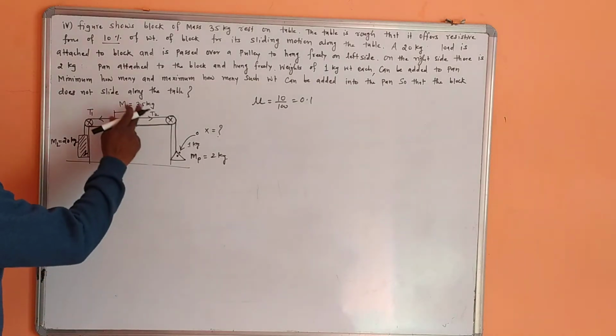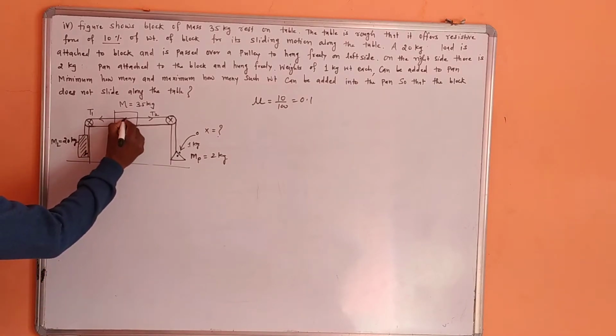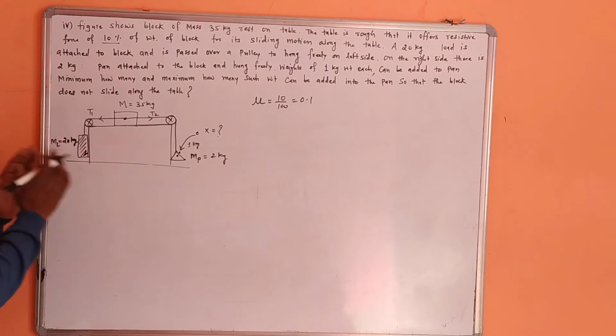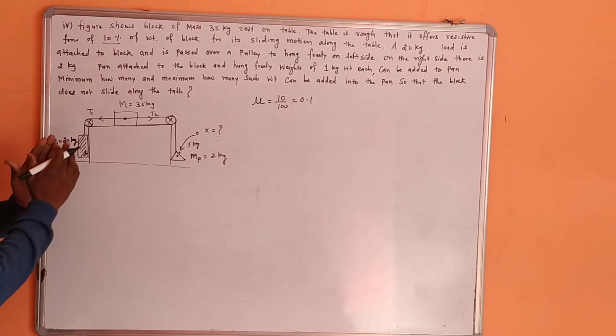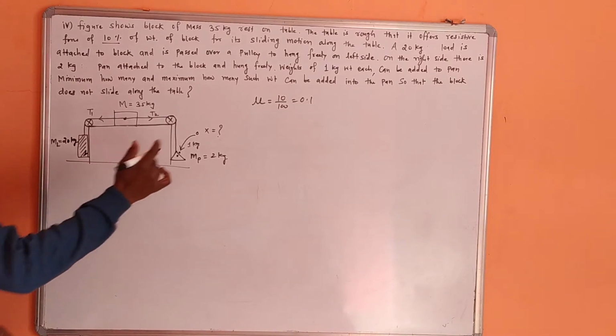So this is the free body diagram. Here we have considered the mass, and the condition in this problem is that there will be no sliding of this mass. That means the acceleration produced in that mass should be 0.